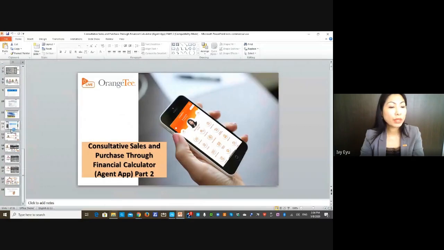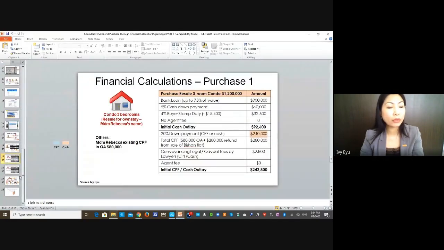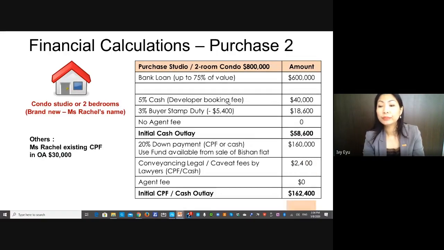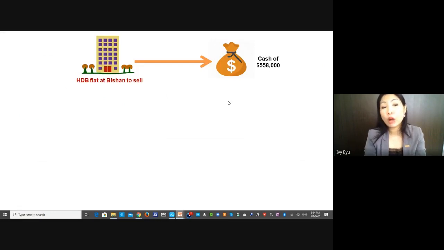So we move on to our training slides, where I did the calculations for them based on purchase one, purchase two, the initial cash outlay required and the down payment. Then I come to a conclusion. I show it to them that after selling their Bishan flat, they have 558,000, remember?